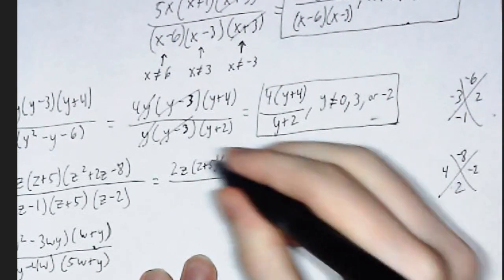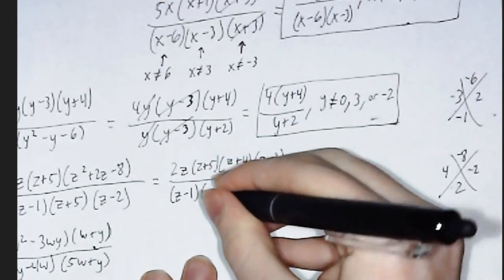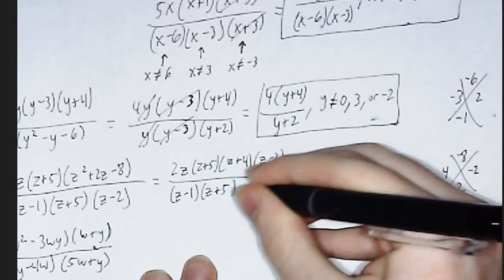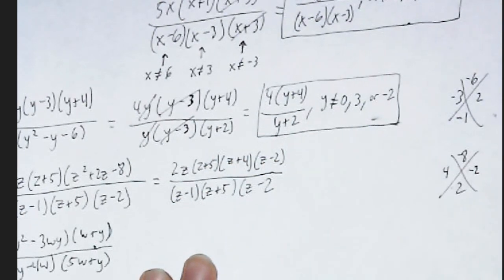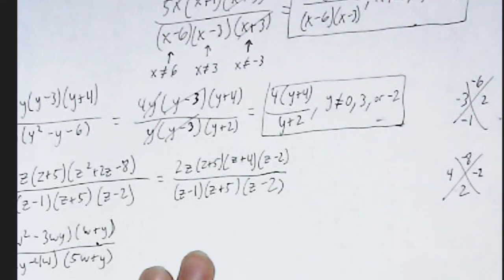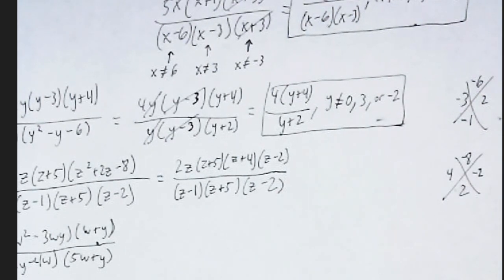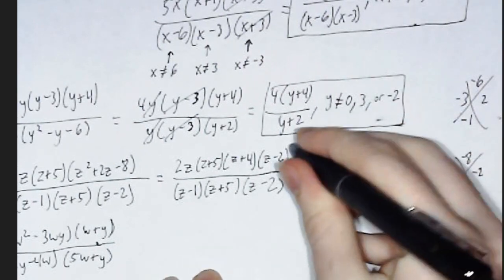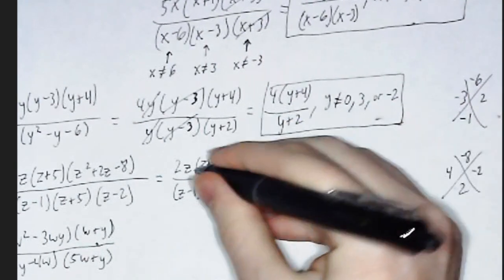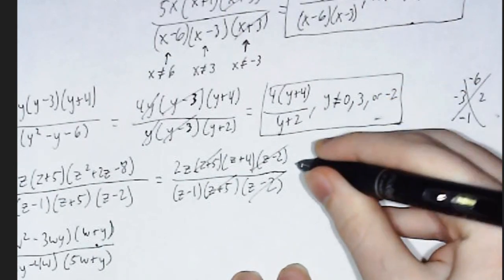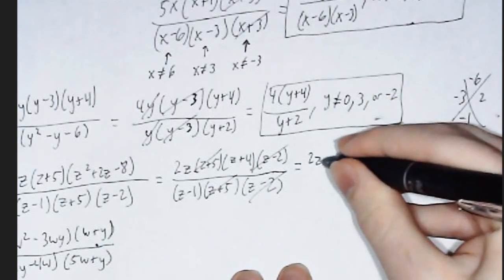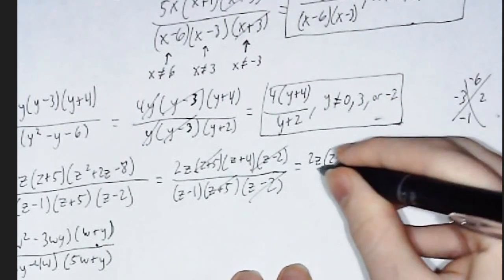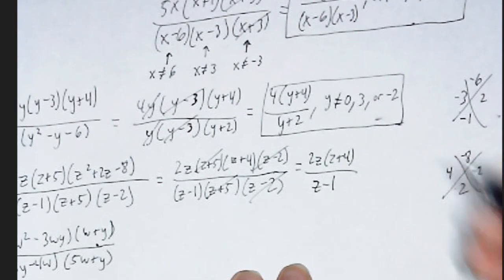All of it over z minus 1, z plus 5, z minus 2. Now we can cancel two things. We can cancel the z minus 2's, and we can also cancel the z plus 5's. So that means we're left with 2z times z plus 4 over z minus 1.